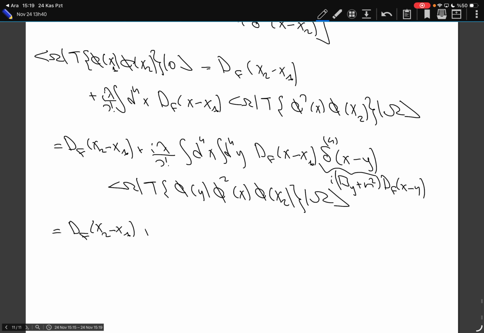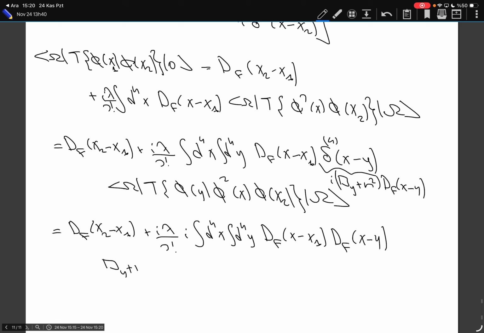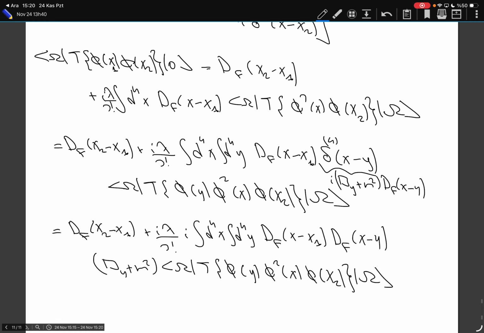That will give me plus i λ over 3 factorial, and there's another i. Then I have ∫ d⁴x d⁴y Δ_F(x minus x₁) Δ_F(x minus y), and this operator acting on this time ordering. Now I know how to act with that operator on that time ordering.